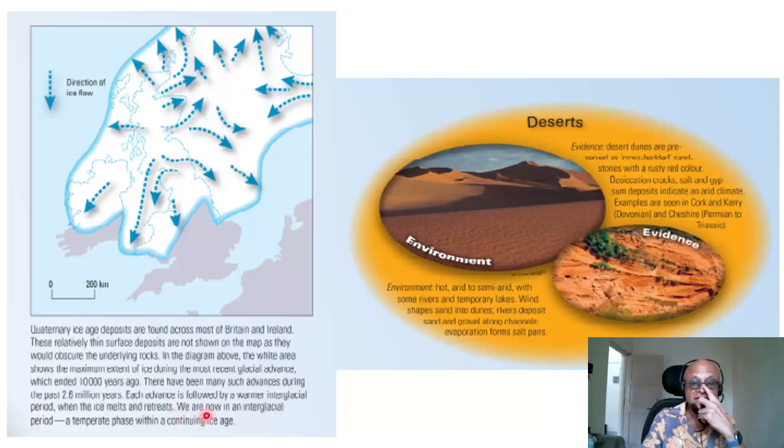Each advance is followed by a warmer interglacial period, when the glacier melts and retreats, which means coming from the polar regions into lower latitudes and then going back. Going back is what we call glacial retreat. We are now in an interglacial period, a temperate phase within a continuing ice age.